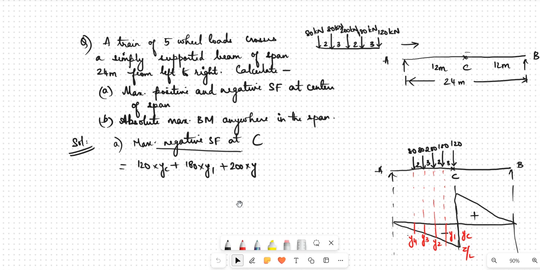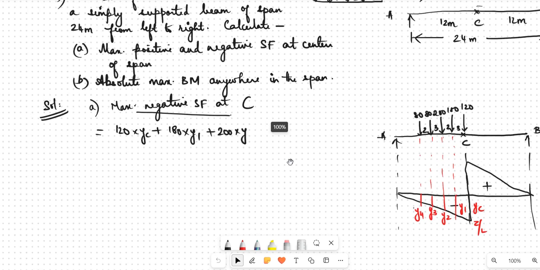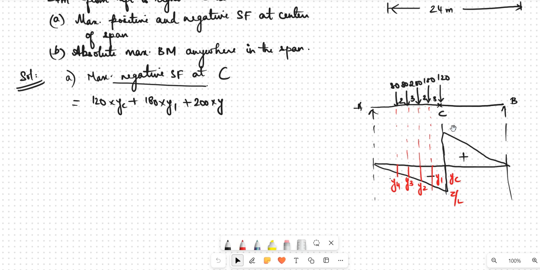So let us start. First, let us find the maximum negative shear force at center of span. So this is the position of loads shown. We have seen in the previous derivations that in order to find maximum negative shear force, we have to place the first load at C and the rest of the loads to the left of section C. That is how they are placed, and the corresponding ordinates are also marked y1, y2, y3 and y4.